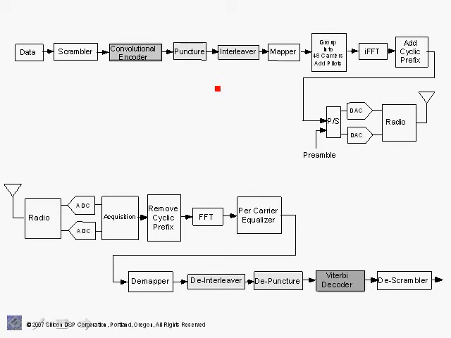The purpose of the interleaver, which is a subject we will deal with later in detail, is to take the block of data and interleave the bits in such a way so that adjacent bits are not mapped to the same carrier. So that if a carrier in fact is eliminated or received with low signal to noise ratio, and the bits associated with that carrier are in error, then those bits are not adjacent to each other when we go back to the de-interleaving process.